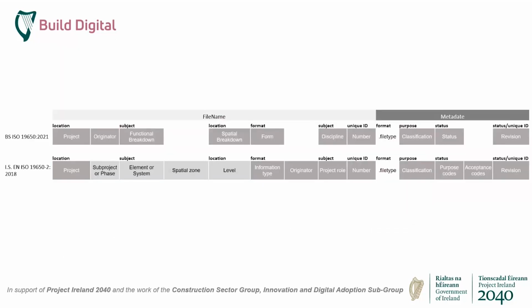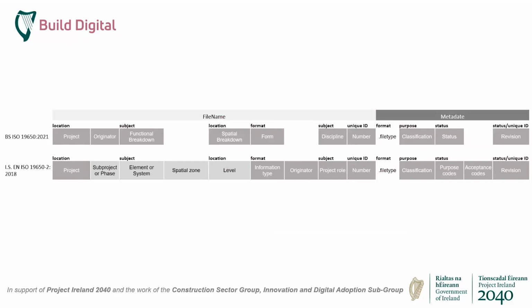But what has happened is there have been two national annexes, and I want to have a quick look at the British national annex and the Irish national annex, because these will be the ones that people are familiar with, and to compare and contrast them a little bit, to see what the differences and similarities are between them.